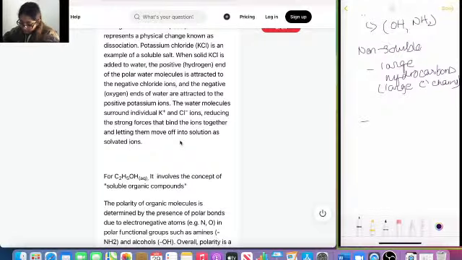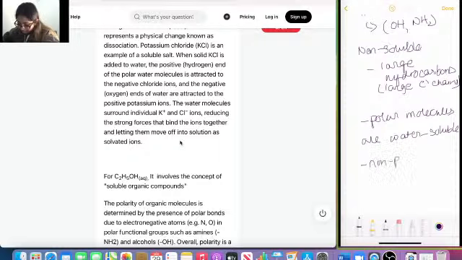So we can say polar molecules are more water soluble because of that electronegative difference. And so non-polar are less water soluble.